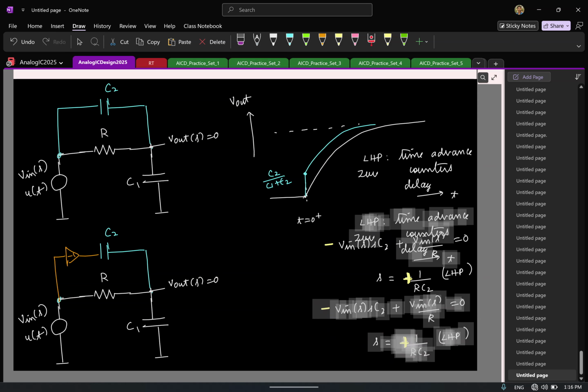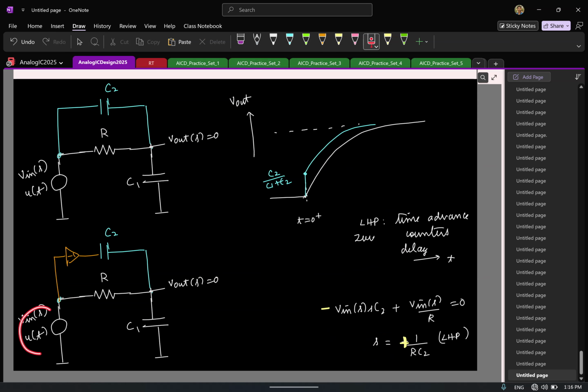So if I have a case like this and I apply an input step at 0 plus, what will happen? Once again, remember, you will have voltage division happening between these two, but to what value will the voltage jump? The same value but at minus. So basically this will go negative, and then this will take more time.